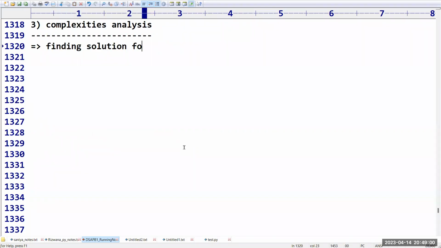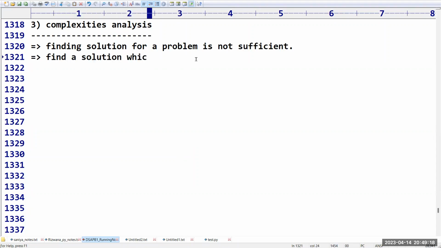Finding a solution for a problem is not sufficient for our requirement. Why? Because we have to find a best solution, one which is fast and which will take less memory.